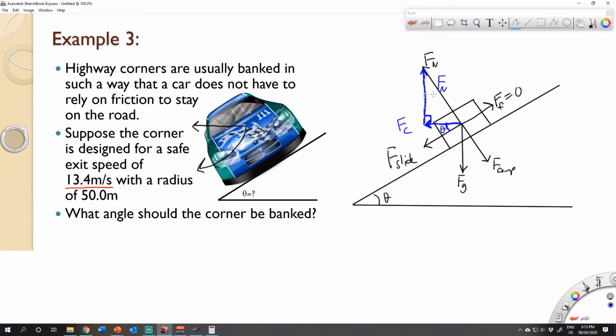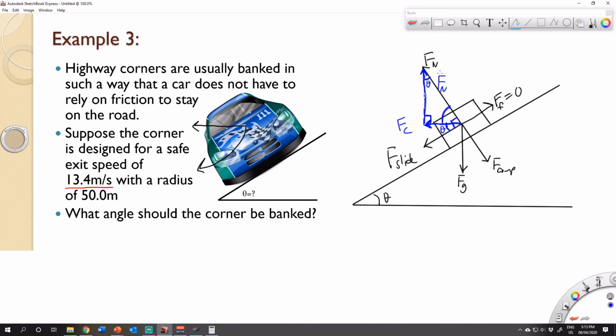Since the normal force is perpendicular to the sliding force, this angle here has to be 90 minus theta. But the easier way to think about it is that the angle up here also has to be theta. This will become very important for the problem, and will make the trig easier as we work through it.